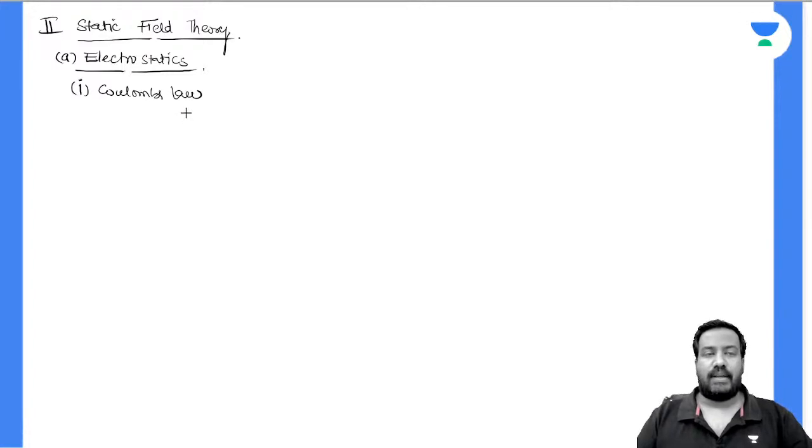Coulomb's law is the most generalized law that governs electrostatics. We discussed on Coulomb's law and its applications. Applications is over line charge, surface charge and volume charge.